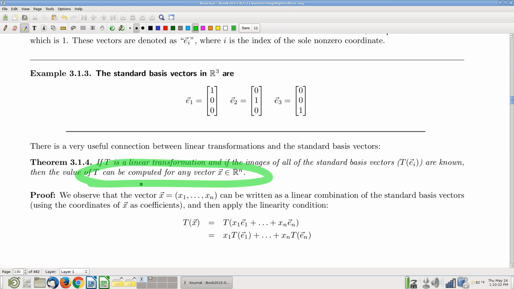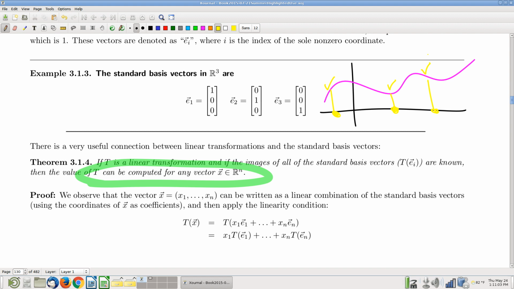In single variable calculus, and let me draw an axis system here, Calc 1. Suppose you have a function. Is it true that if you know the value of the function there, and there, and there, the value of the function at a short list of inputs, that automatically allows you to compute the function everywhere else?